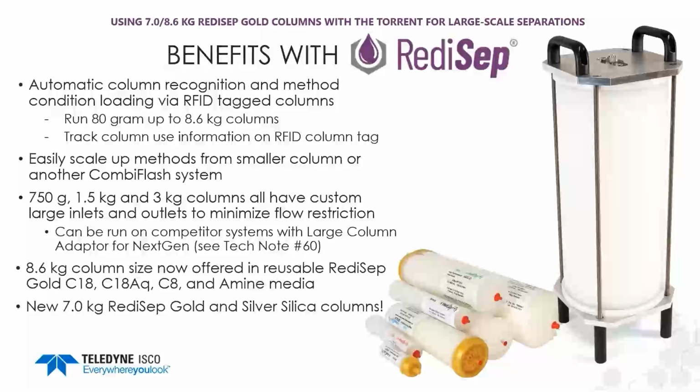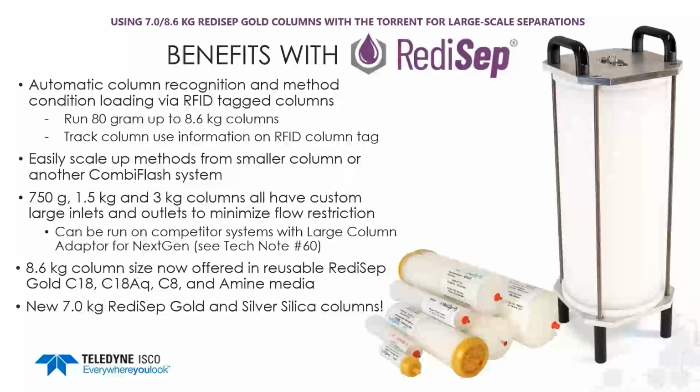The other great thing about our RediSep line is that we offer, from small scale to large scale, the same media. So we offer in our large columns all the way down to our smaller 4 and 5.5 gram columns, RediSep Gold material in silica, C18, C18AQ, C8, and amine stationary phases.